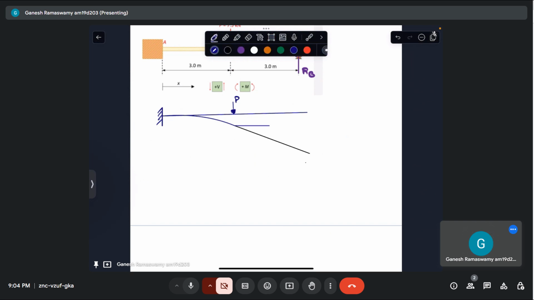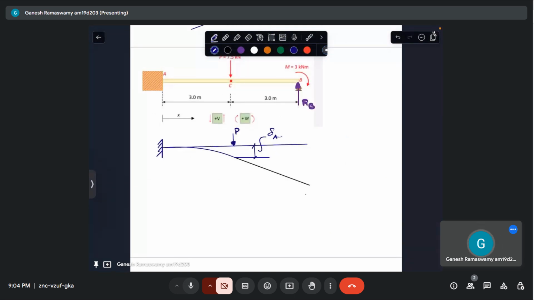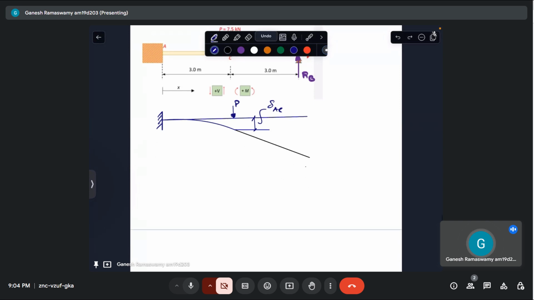So what is this quantity? This is delta AC, and then I have the remaining quantity. This is basically theta C into L by 2.